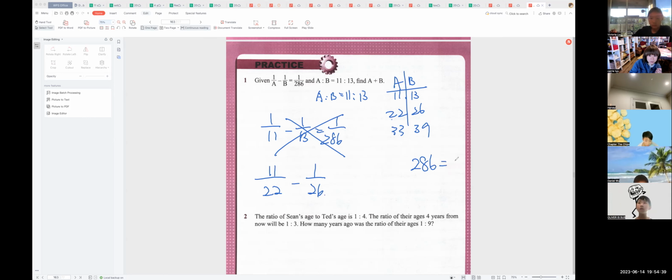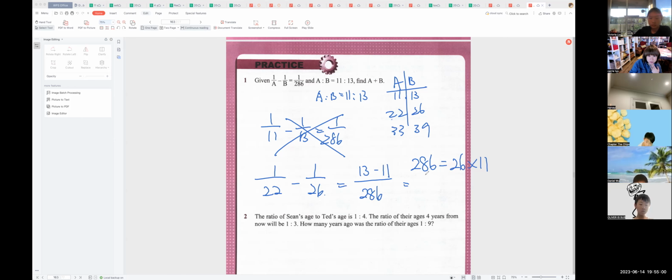2A6 equals what? Equals 26 times 11，对不对？哎，你一看到这个，那就知道肯定是这两个数。那我们再试试看。So equals what? Equals 286 times 13. So this is 13 minus 11.